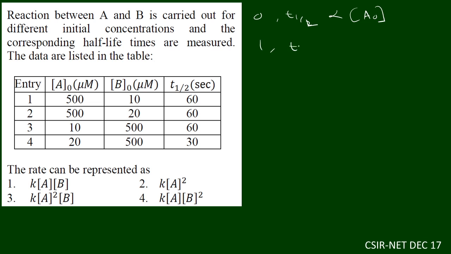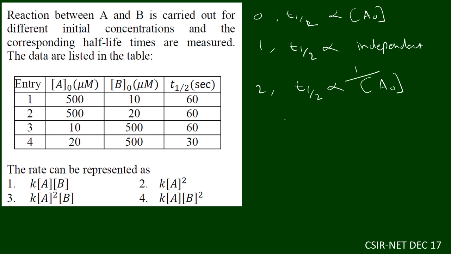For first order, t half is independent, it is not proportional. And for second order, t half is inversely proportional to initial concentration.